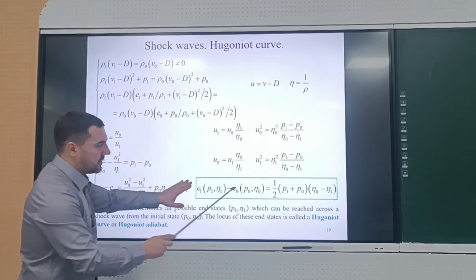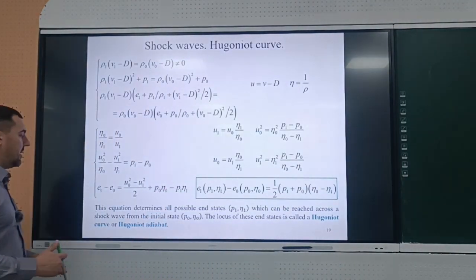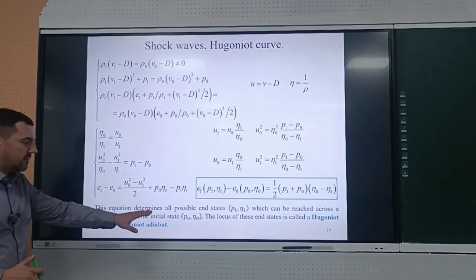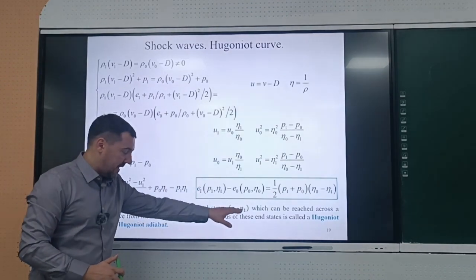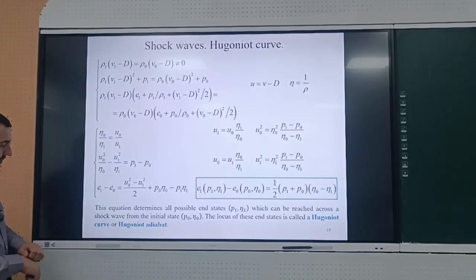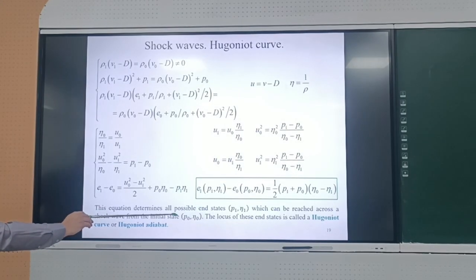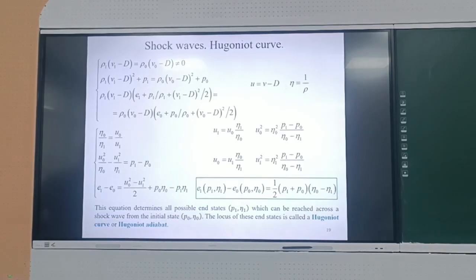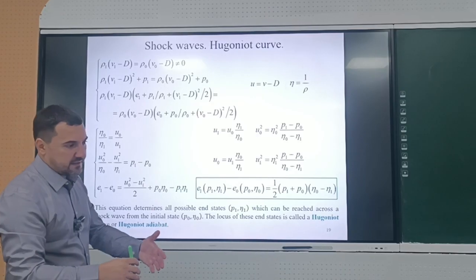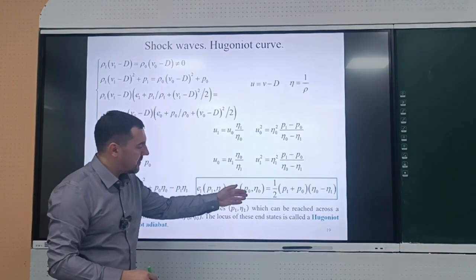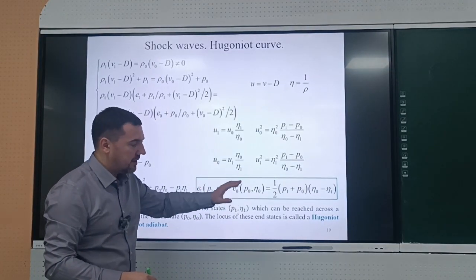And so we obtain this equation. This equation determines all possible states P1, eta 1, which can be reached across a shock wave from the initial state P sub 0, eta sub 0. The locus of these end states is called a Hugoniot curve or Hugoniot adiabat. So it means that, for example, consider the gas at some initial pressure and density, or eta.